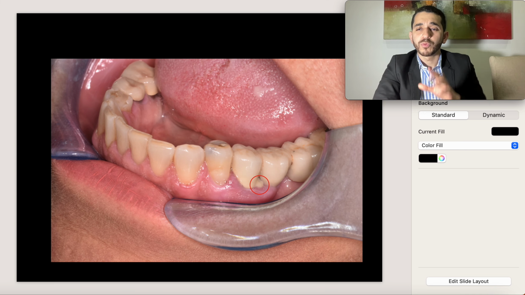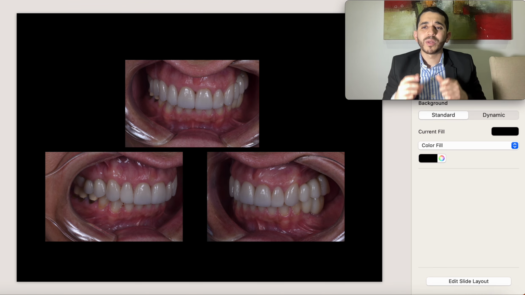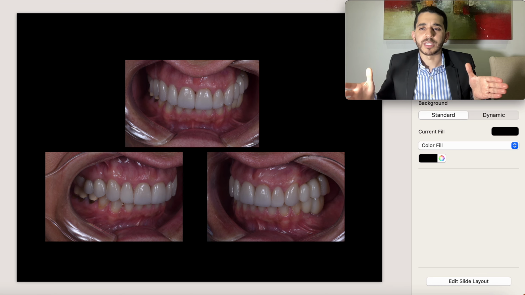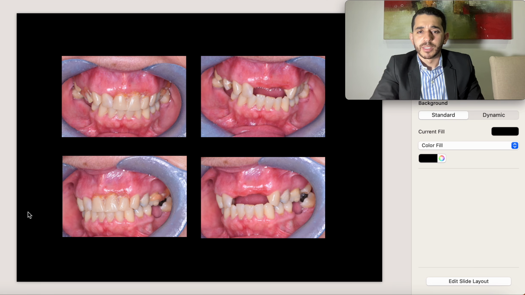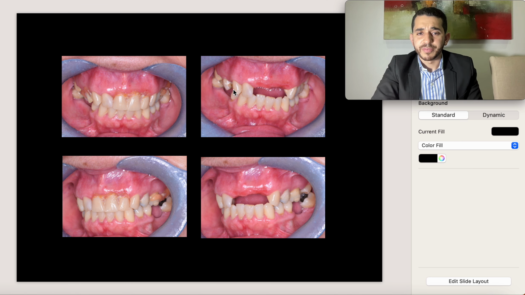So how do we get from this point to this point of health? What needs to happen in a treatment to go from A to C? Or for example, this patient: we are seeing a lot of decalcification in her teeth. We are seeing gum inflammation.